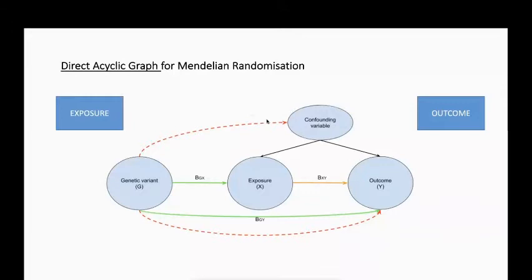And then using the Wald ratio, as we discussed last session, we can calculate the MR causal estimate, and that's in orange here, and that's the association between the exposure and the outcome. So that's how we set up a Mendelian randomization study.